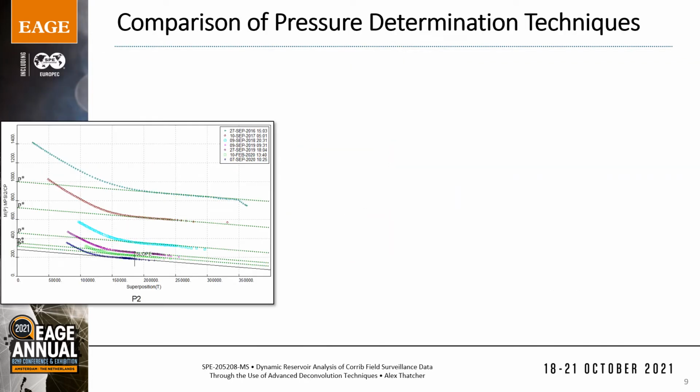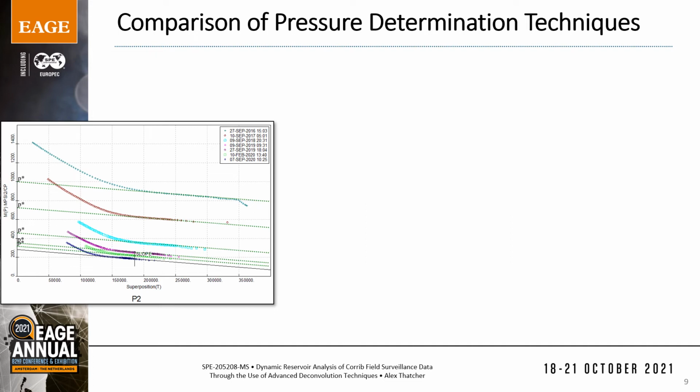On this slide, I would like to compare this analysis approach of using a sequence of PBUs and deconvolution versus a more traditional approach where pressures are extrapolated from single PBUs. One such technique is P star. P star is the pressure from extrapolation of infinite acting radial flow regime to infinite shut-in time on a superposition plot as shown.